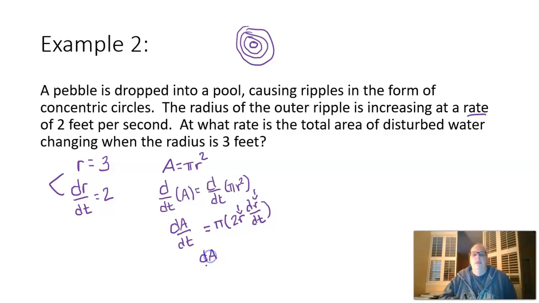So dA/dt is going to be pi times 2 times 3, the radius, times 2, dr/dt, and this is going to give me, let's see, 2 times 3 is 6 times 2 is 12. This is 12 pi, and we are looking at feet per second.